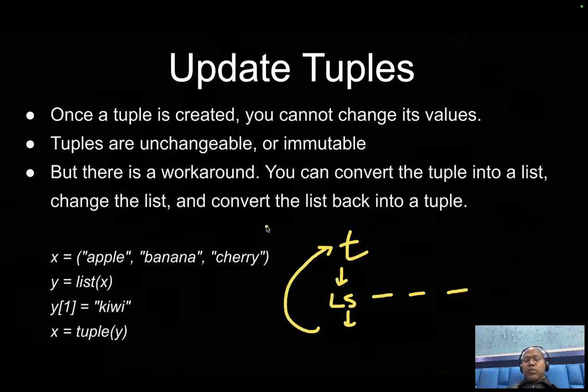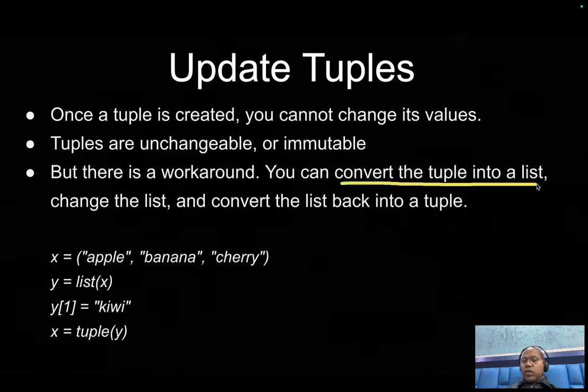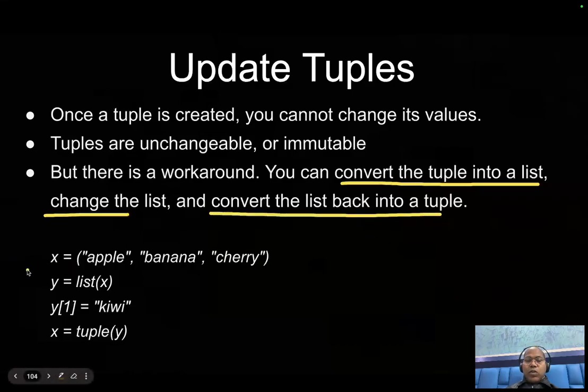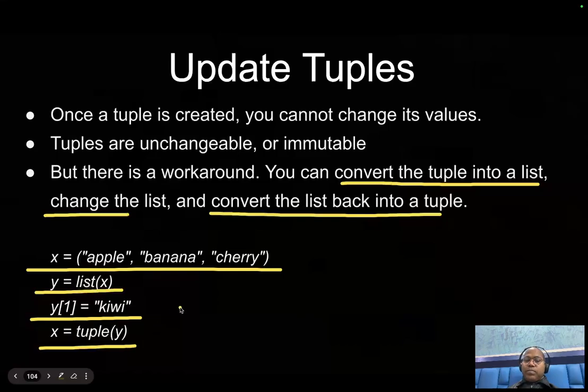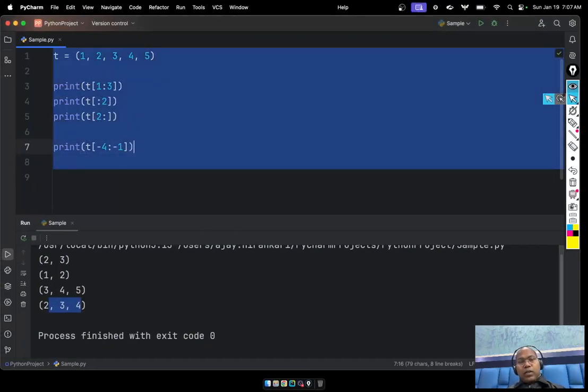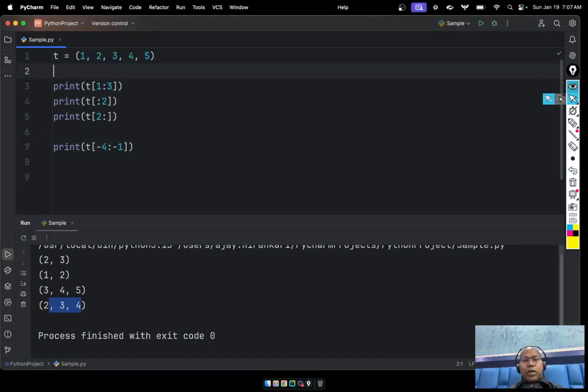So this is a workaround. Sometimes someone asks you to update some value in the tuple. So you just convert the tuple into a list, change the list, and again convert the list back to the tuple. Like here you have one tuple x converted to a list, modify the list and again update the tuple. Generally not preferred, but yes you can do it.